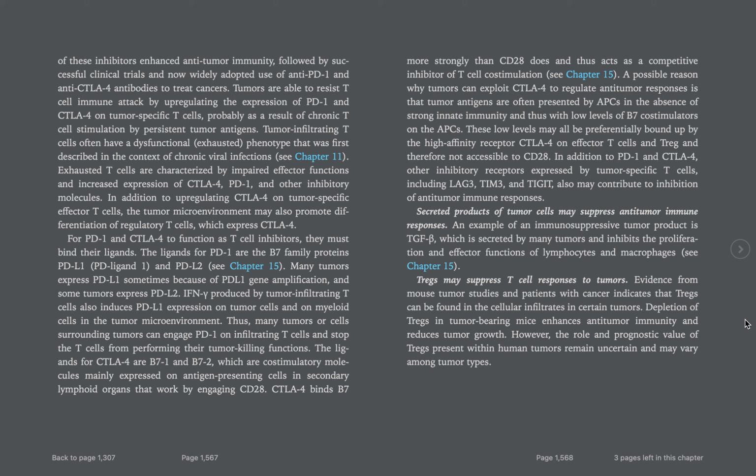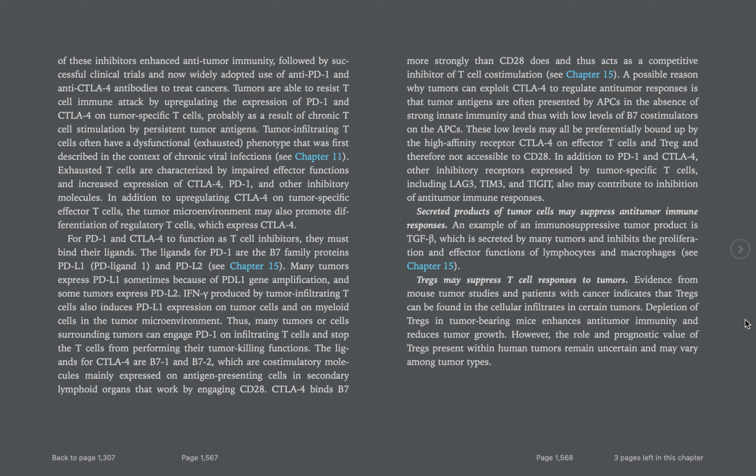Exhausted T cells are characterized by impaired effector function and increased expression of CTLA4, PD1, and other inhibitory molecules. In addition to upregulating CTLA4 on tumor-specific effector T cells, the tumor's microenvironment may also promote differentiation of regulatory T cells which express CTLA4.